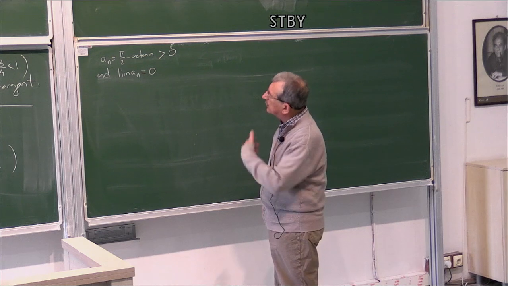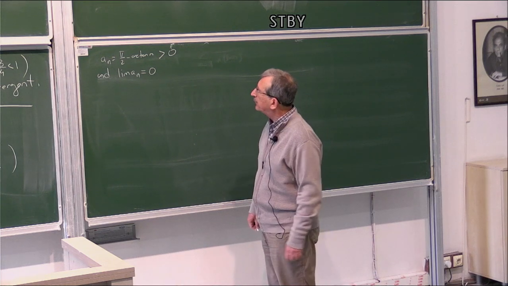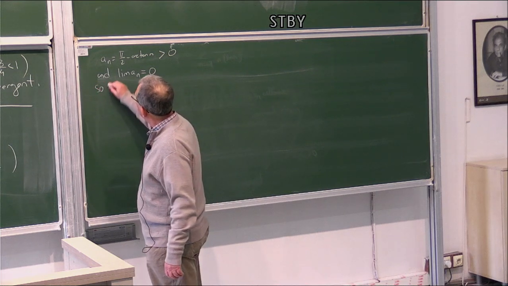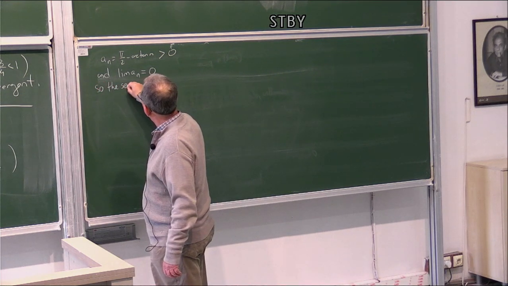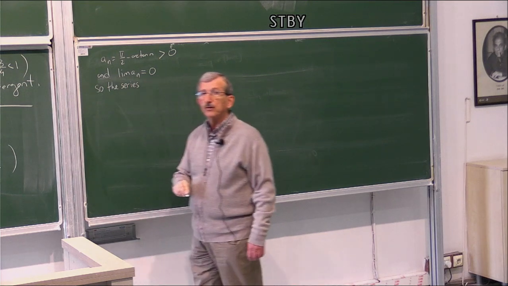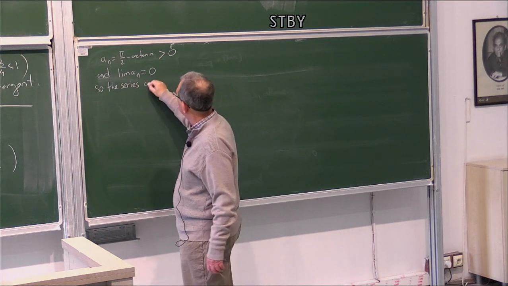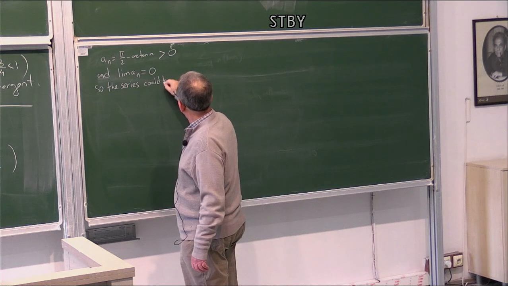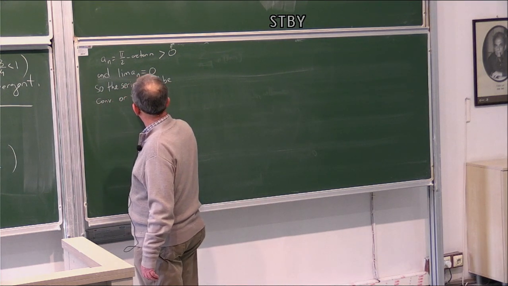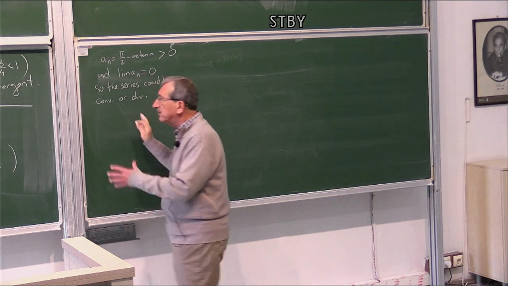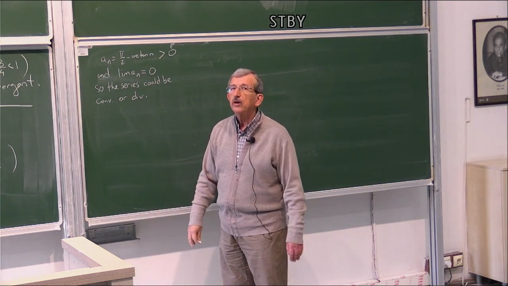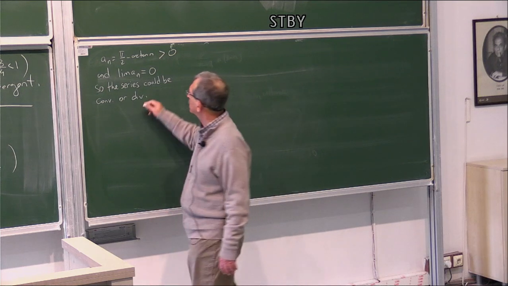So it's still the same with n. Okay, so the series could be convergent or divergent. This tells us nothing. Or, in other words, the nth term test fails.